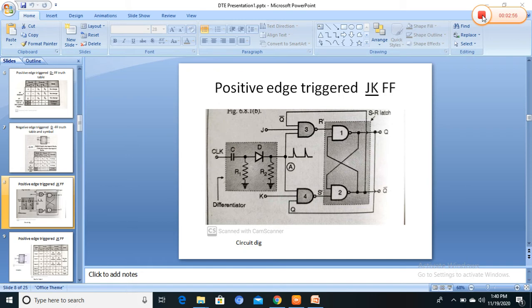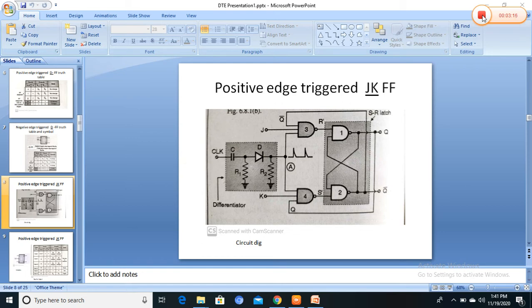When J is 0, R dash becomes 1, and K is 0, S dash becomes 1, so the outputs Q and Q bar will not change their state. That is the no change condition.